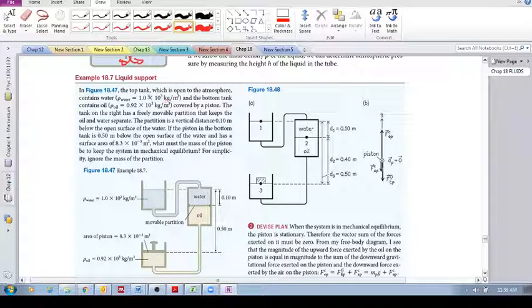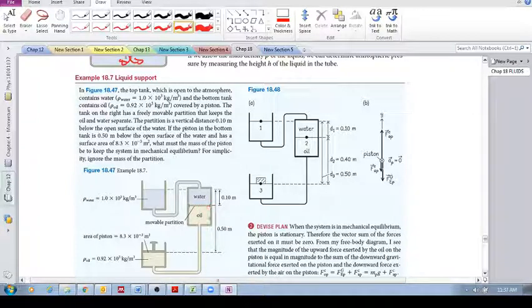Well, first of all, we have a tank over here. It's open to atmosphere, and you've got water over here. Then you've got a very light movable partition. This can move up and down, but it separates water from oil.